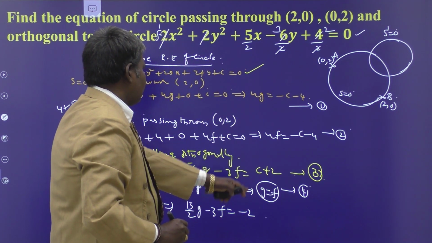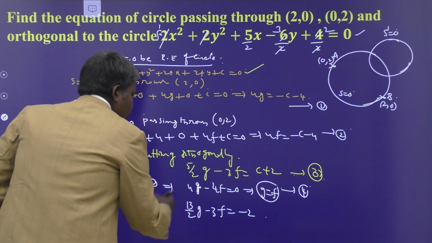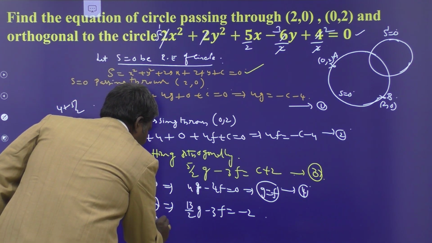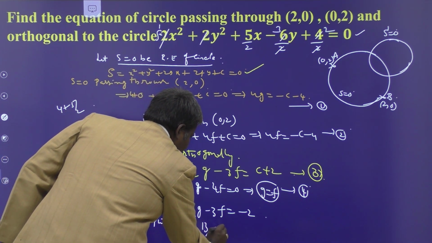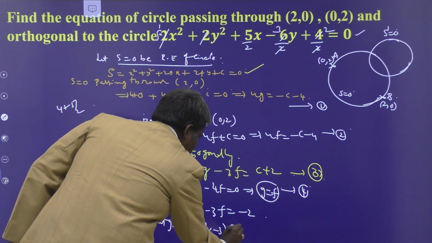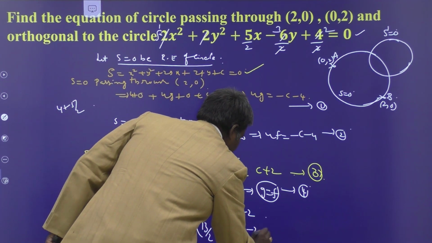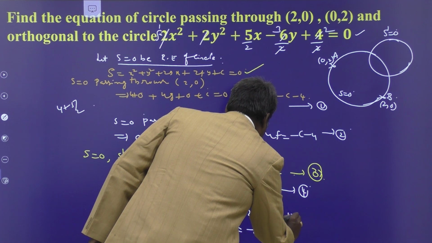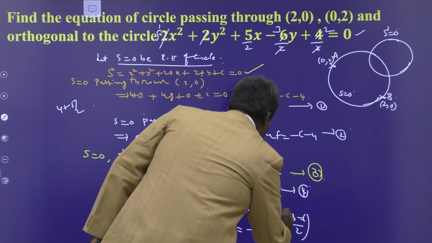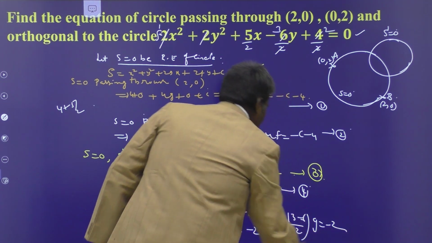This is the equation. Substitute the fourth equation, put g = f. What happened? 13/2 g minus 3g, because g = f, is equal to -2. We mean (13 - 6)/2 times g = -2.